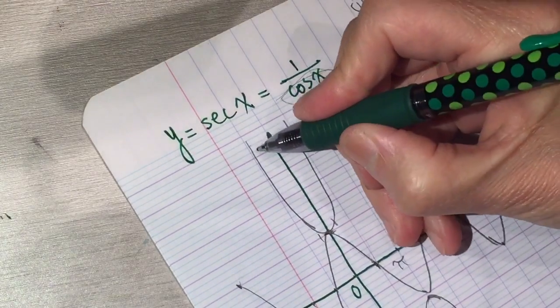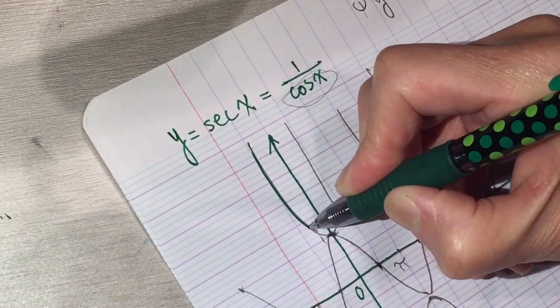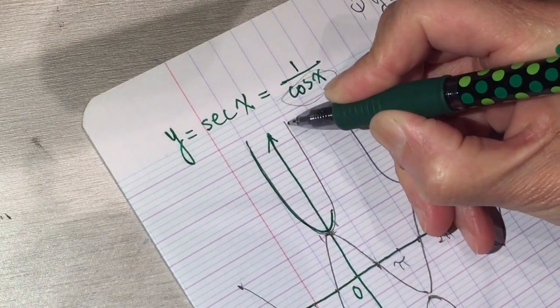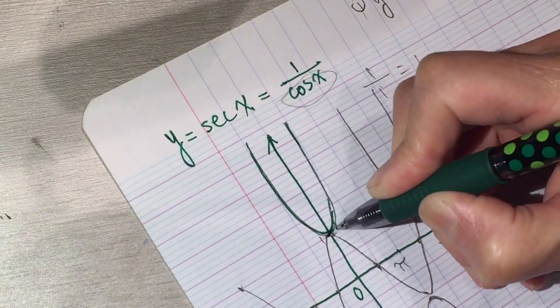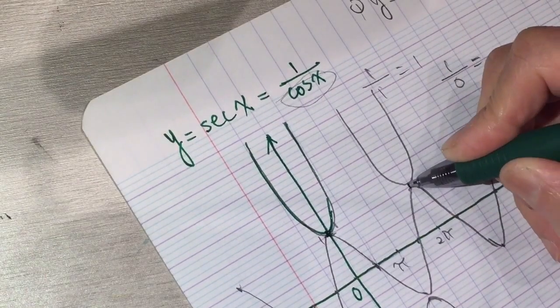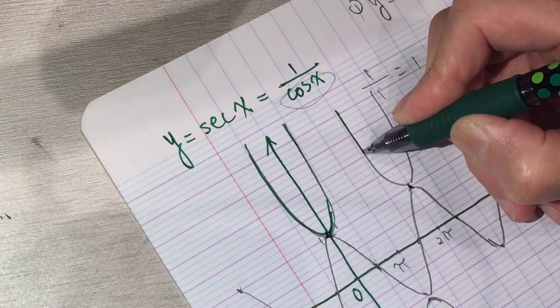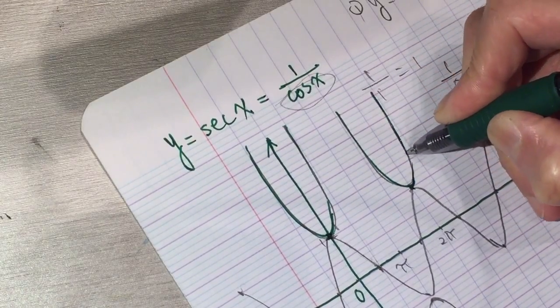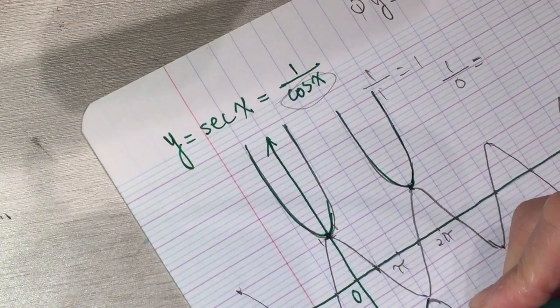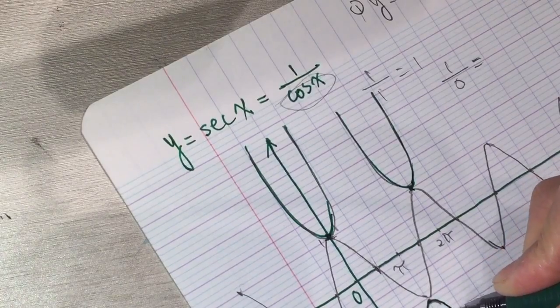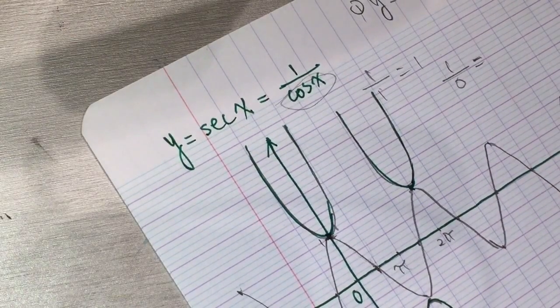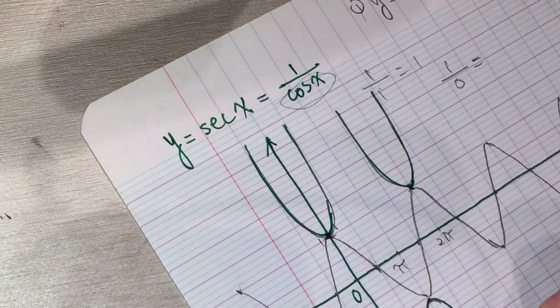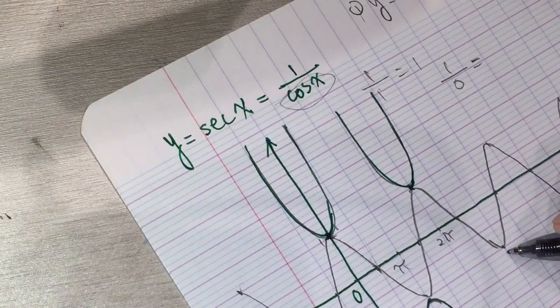And here is, so this is the graph of secant. It passes through this point, but it will never reach this asymptote.